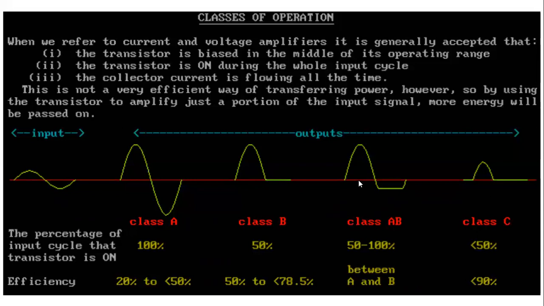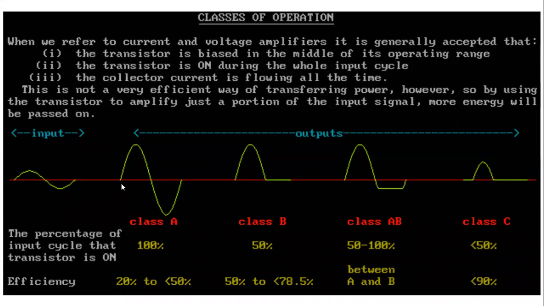Or else you can give this portion of the signal to the transistor, or you can give a small portion. Based on this percentage of the input signal to the amplifier, we define the amplifier classes or transistor classes.